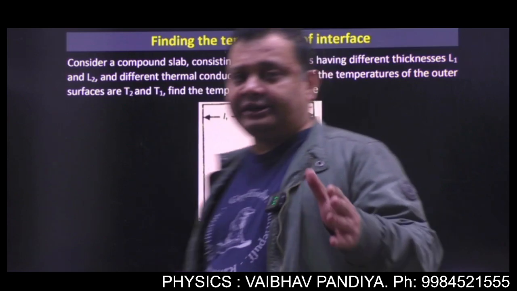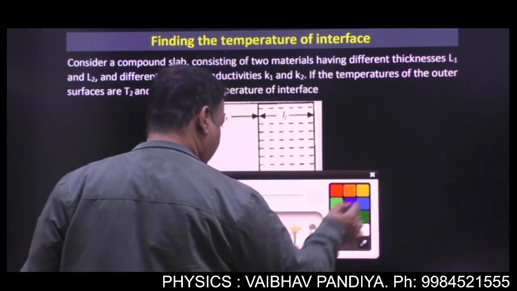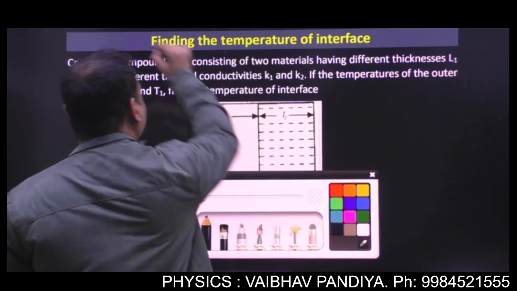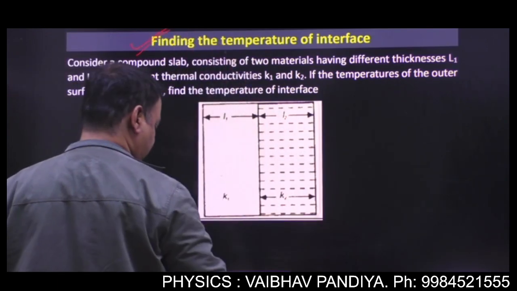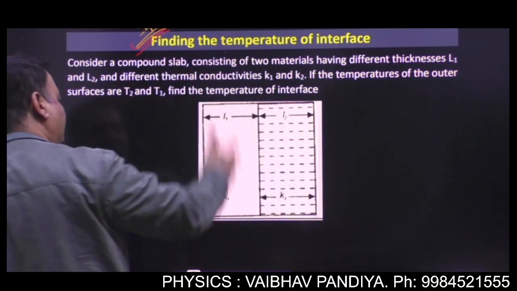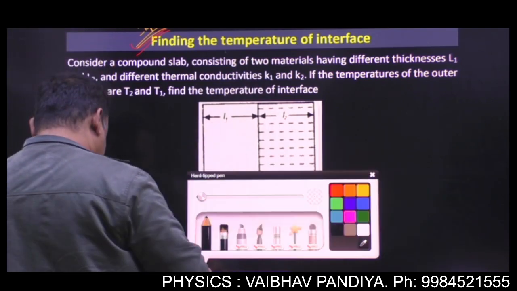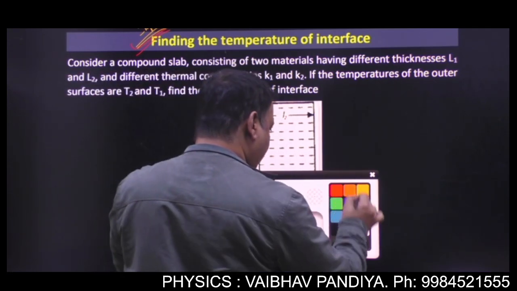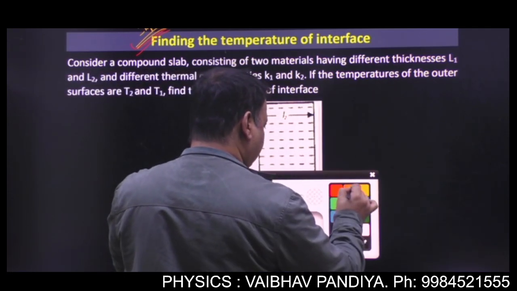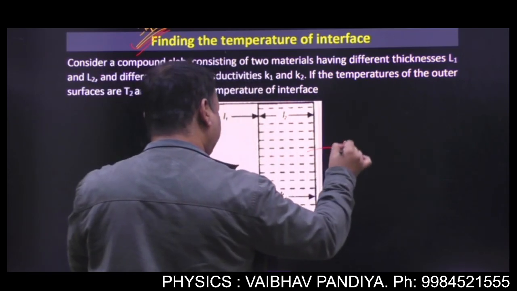Now see, finding the temperature of the interface. This is also a very common problem and application. You can mark it important. Suppose we have two slabs, like this. In this case, they have the same area. Let the area be A1 and A2, and we will take the special case of same area.